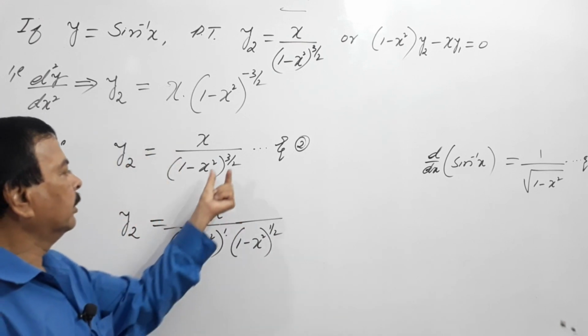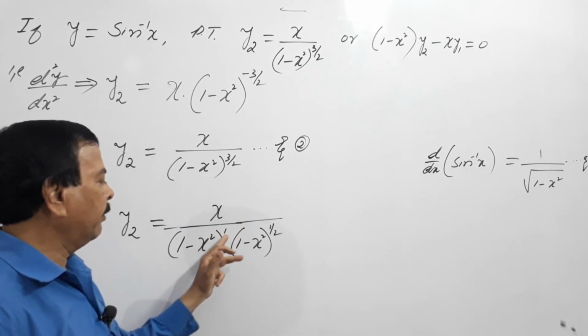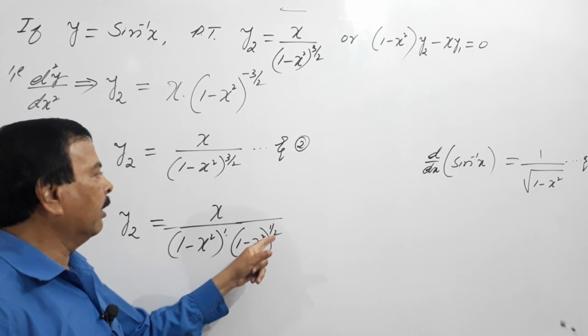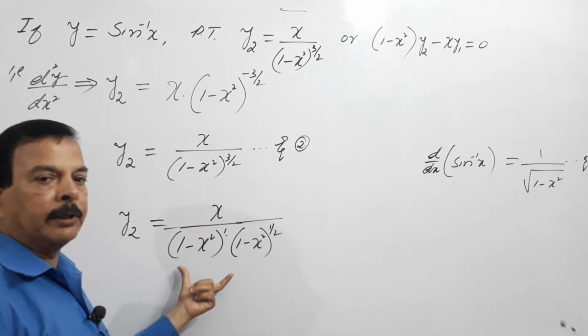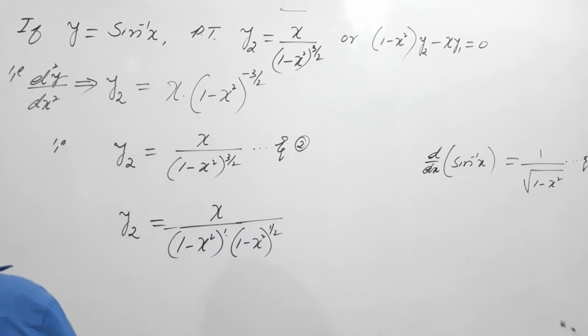What I have done is split this 3 by 2. The bases are same, so if you add the indices, 1 plus 1.5 is nothing but 3 by 2. So I have split this, to prove this here if you want.